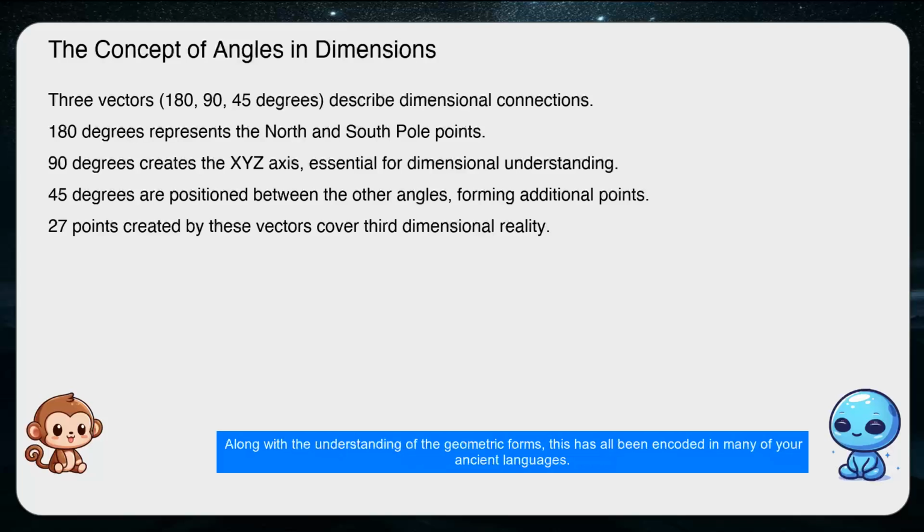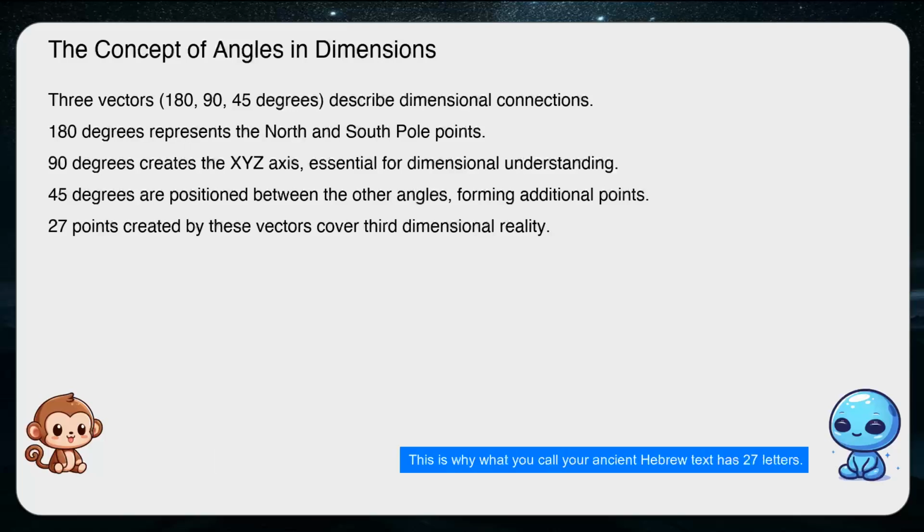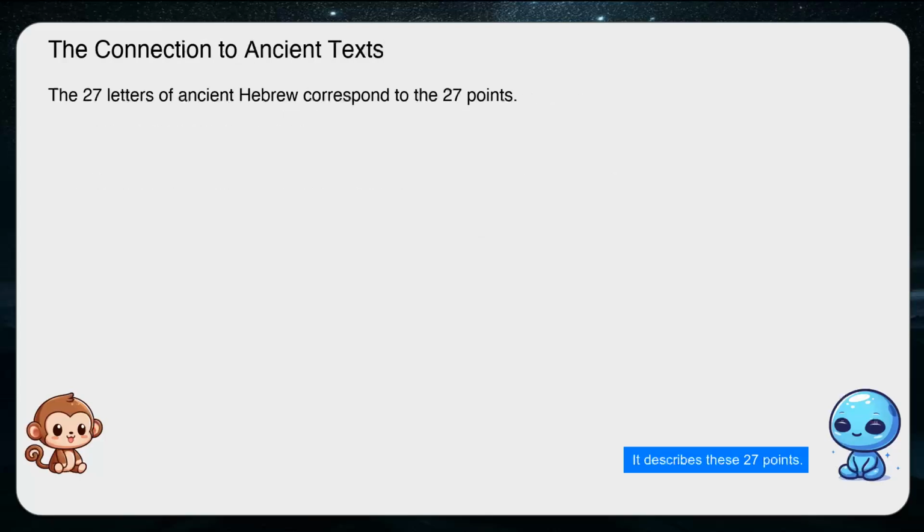Along with the understanding of the geometric forms, this has all been encoded in many of your ancient languages. This is why what you call your ancient Hebrew text has 27 letters. It describes these 27 points. Each point is a different tone and a different vector.